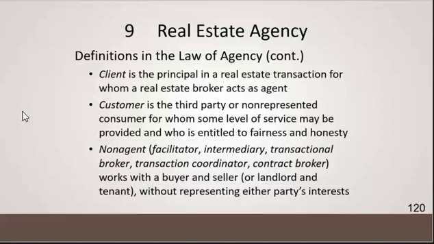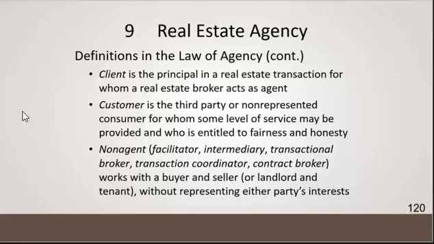But her client is my customer. Everybody see that? I have agency with my client on my side of the table. She has agency with her client on her side of the table. But the person sitting across from me is my customer.